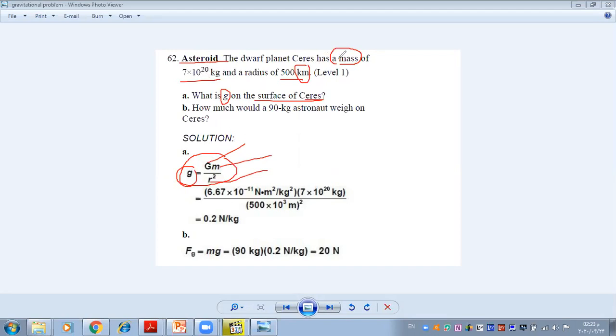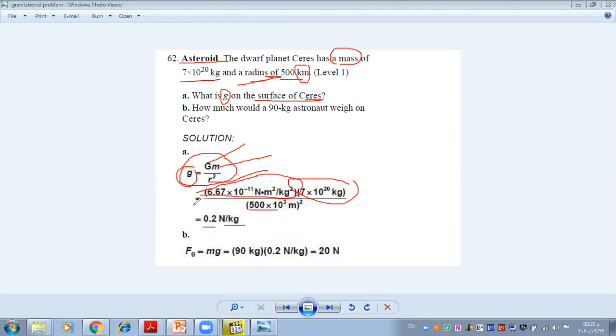This is the mass M. What is G? The universal constant, it will be given. What is R? The radius of the planet. So it is 0.2 Newton per kilogram.